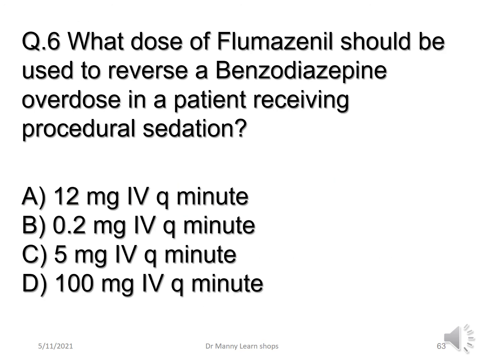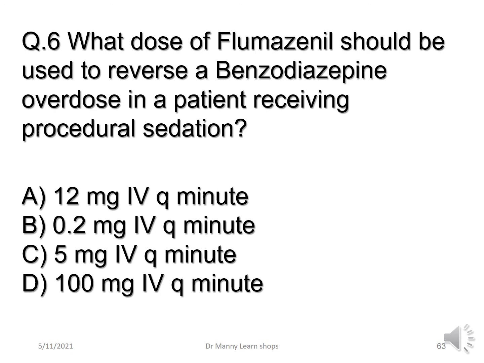What dose of flumazenil should be used to reverse a benzodiazepine overdose in a patient receiving procedural sedation? Now remember, this is just a generic answer. You will have a specific answer with your organisational policy, but have a look. It's pretty straightforward. 12 milligrams, 0.2 milligrams, 5 milligrams, or 100 milligrams.